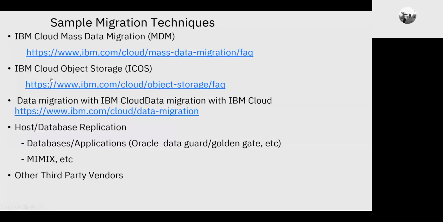Instead, for a one-time push of data, cloud offers this service called mass data migration. Basically, I think it costs like $390 US, and IBM Cloud will ship you a network-attached device that can store up to 170 terabytes, I believe. So you would copy your backup of all your data to that, mail it back to IBM Cloud, and they will upload that data for you into cloud object storage.